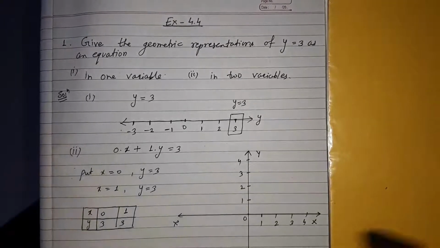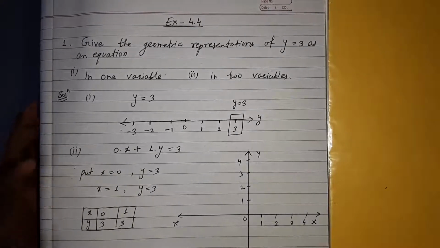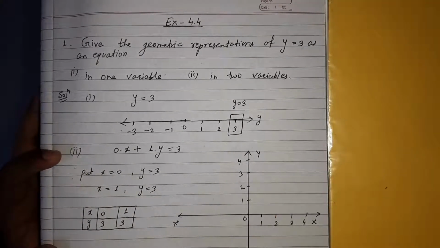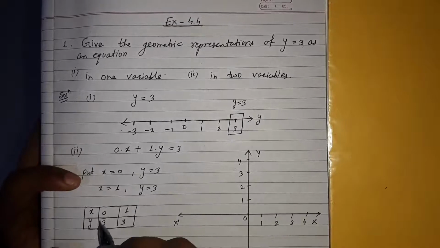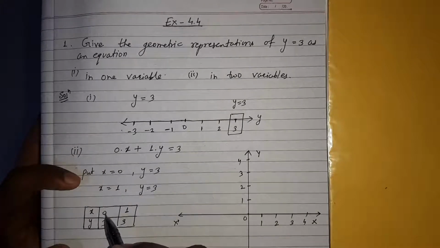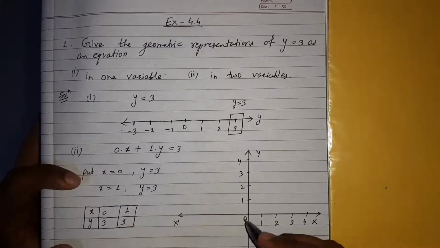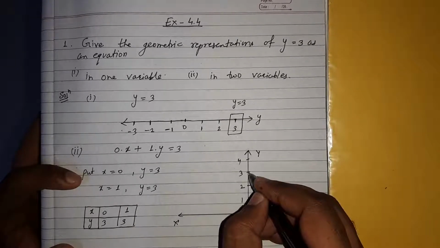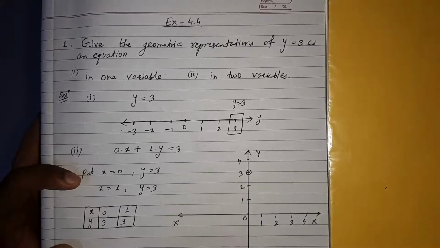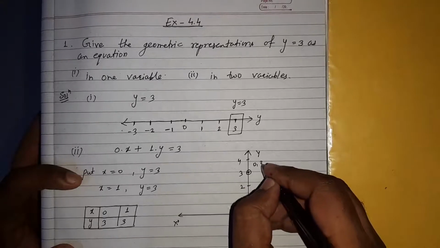Here are negative numbers, and below this also negative numbers. The first coordinate is x is equal to 0 and y is equal to 3. So x is equal to 0 here and y is equal to 3 positive, so it will lie here. So the first coordinate is (0, 3).